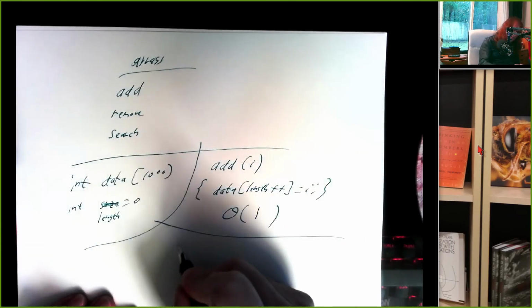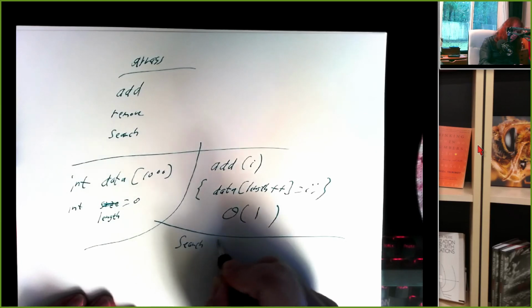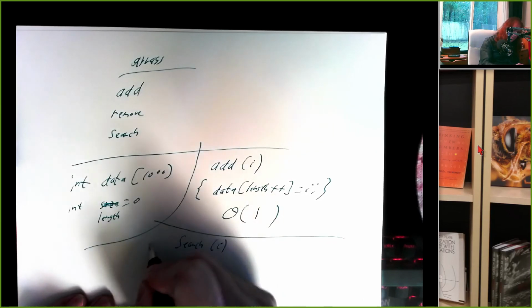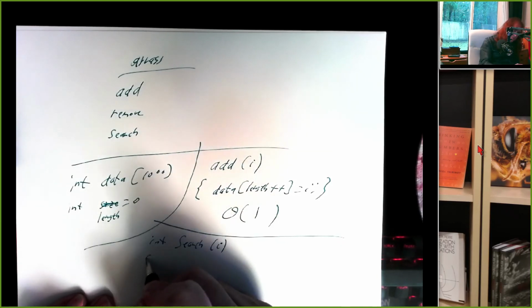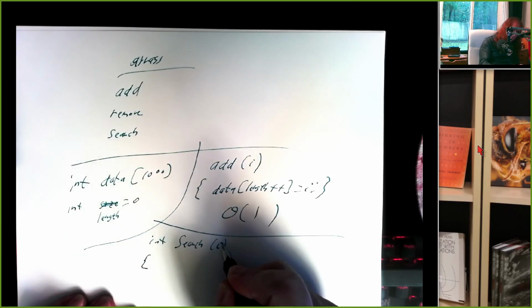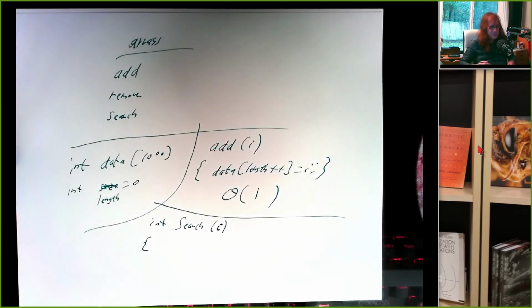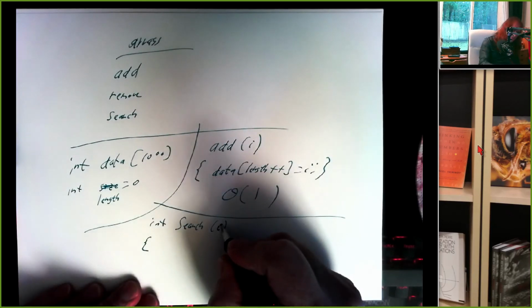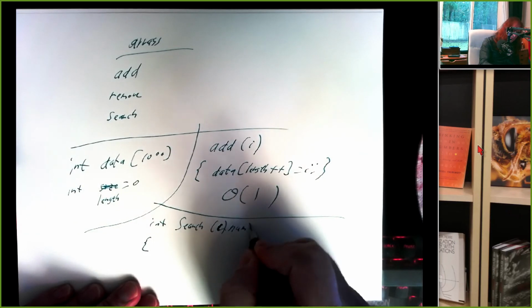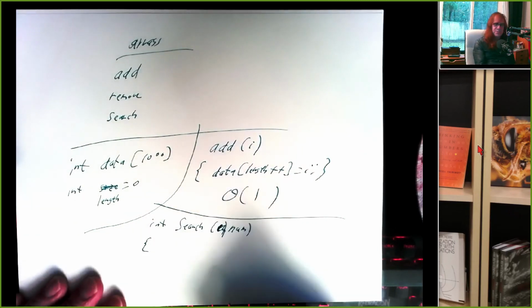All right, but let's look at search. Suppose I want to search for some value I, and I want to know, is this value inside my array? Have I previously added that value to my array? Let me call this num so we don't get confused. So I want to know if num is stored in my array.